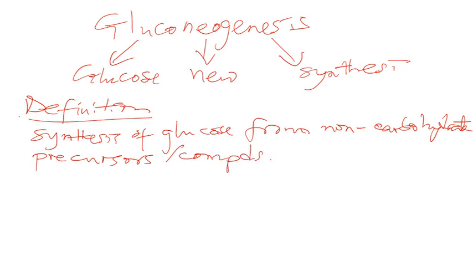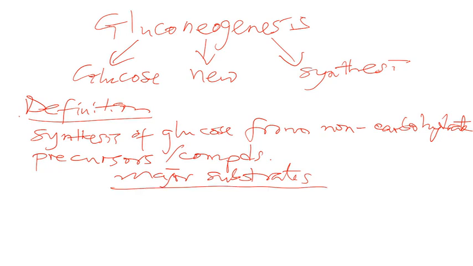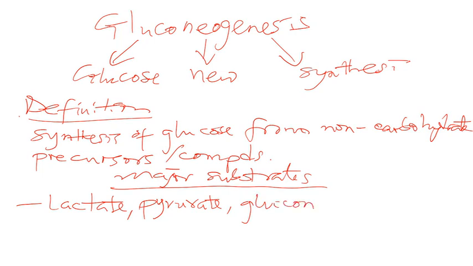So what are the major substrates for gluconeogenesis? So we have lactate, pyruvate, and also gluconeogenic, that is glucogenic amino acids, propionate, and glycerol.